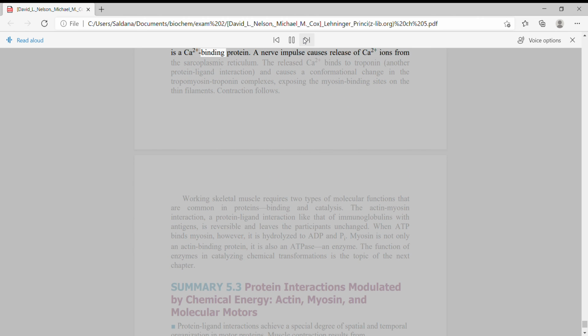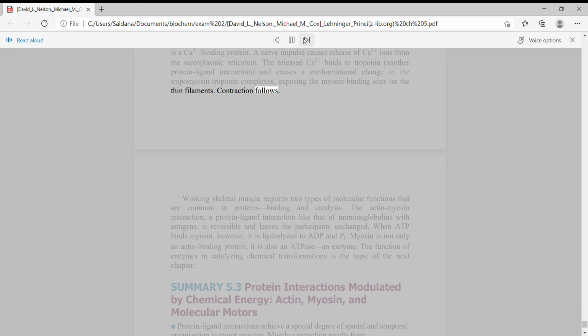Troponin is a Ca2+ binding protein. A nerve impulse causes release of Ca2+ ions from the sarcoplasmic reticulum. The released Ca2+ binds to troponin, another protein-ligand interaction, and causes a conformational change in the tropomyosin-troponin complexes, exposing the myosin binding sites on the thin filaments.